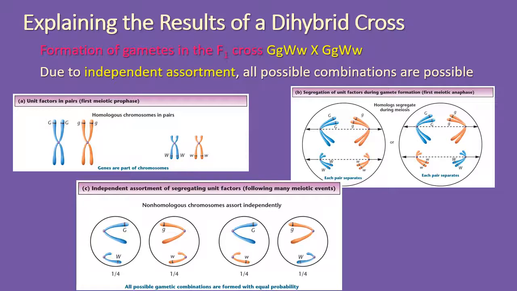But we know that the reason it works is because these unit factors, what he called unit factors, we now know are genes on chromosomes, that assort independently of one another, and that you can have all possible combinations of gametes formed during the process of meiosis.